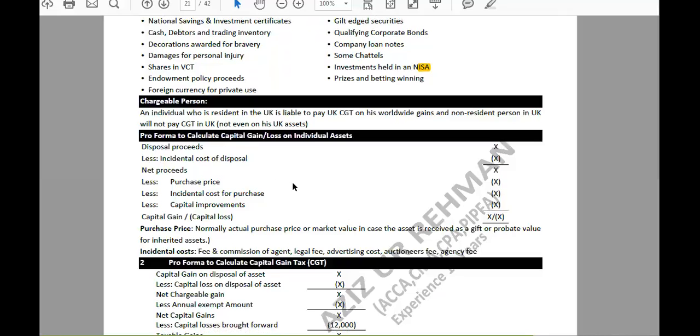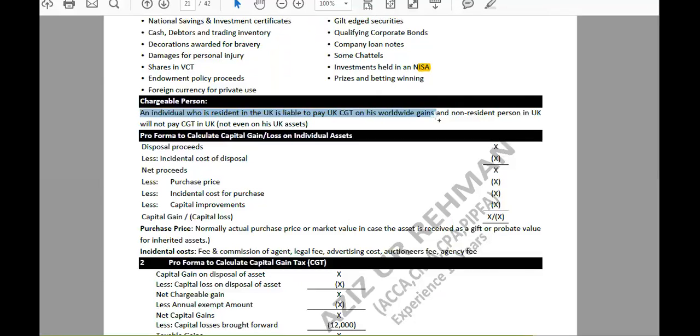The next term which we are going to cover is chargeable person. We have discussed this term already, but over here, if an individual is resident in the UK, he is liable to pay UK CGT on his worldwide gains.